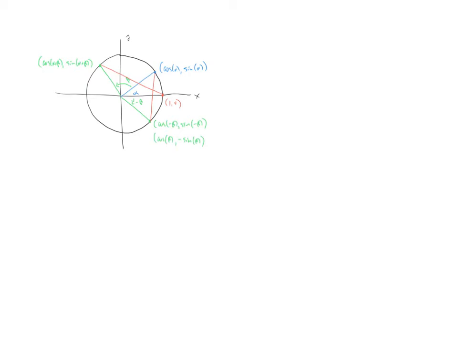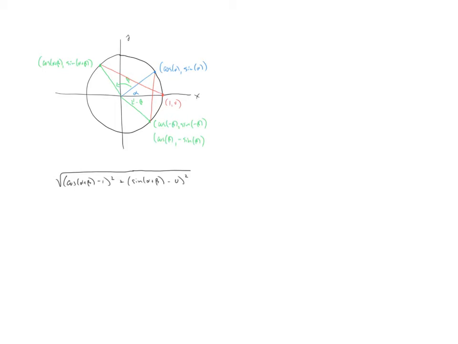Using our distance formula, we're going to have the square root of cosine alpha plus beta minus 1 squared plus sine of alpha plus beta minus 0 squared. So that's just the distance formula between this point and this point here.